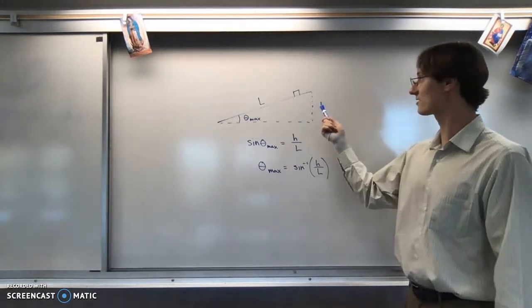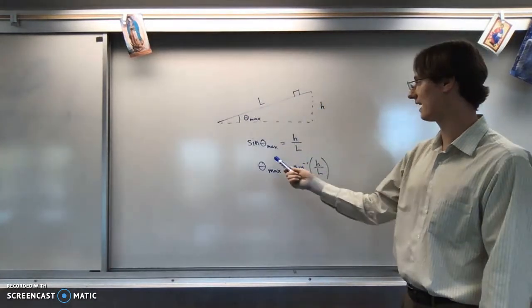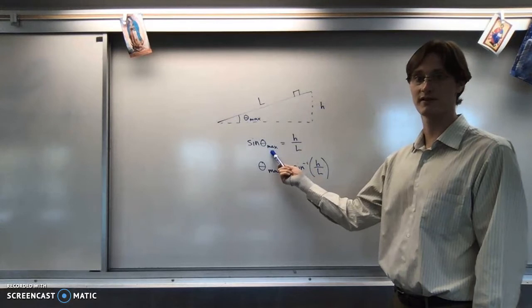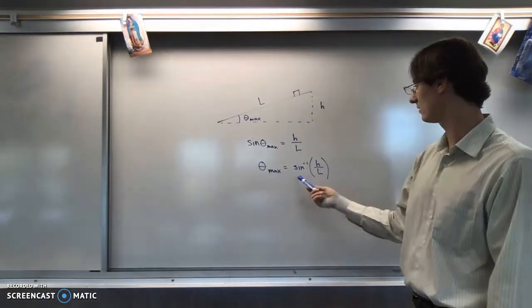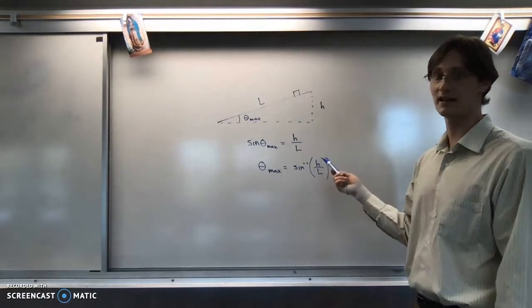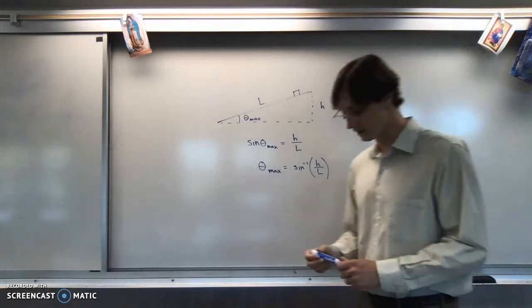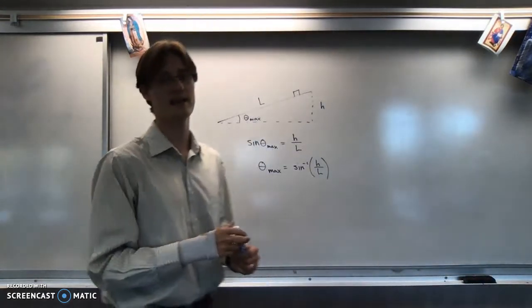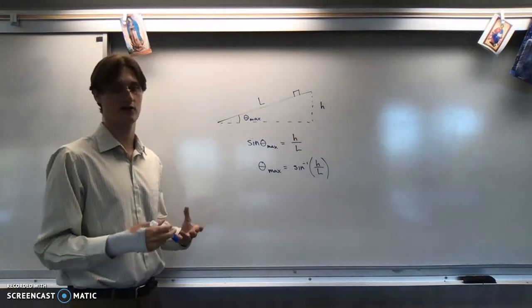Okay, since this is the opposite side and the hypotenuse, the angle then is going to be based on the sine function. So you'll be able to calculate that maximum angle using the inverse sine of whatever you measure h and L to be. Now, in a later part of the handout, you're going to be using the angle to determine the coefficient of friction.